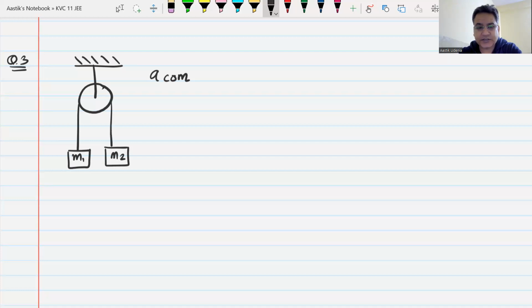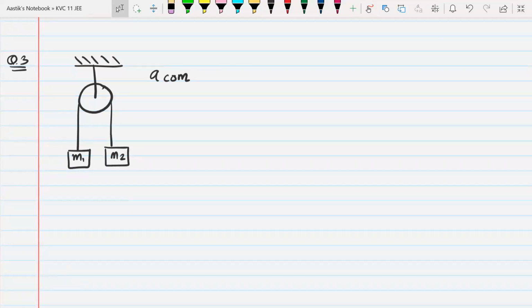Everyone understands the question? Yes or no? 2 minutes you have for the answer. How are we supposed to solve this? I did not tell you which mass is bigger, so let me assume that M2 is bigger than M1. So what will happen here?